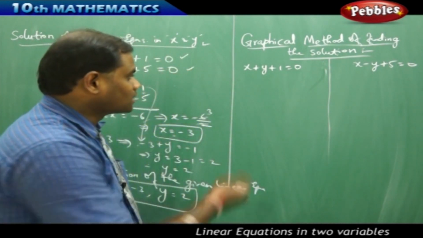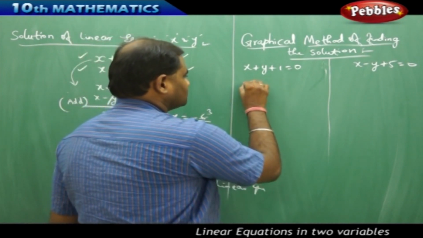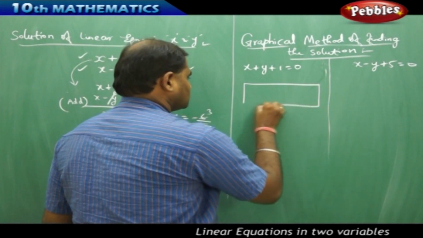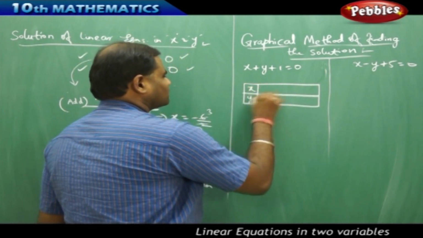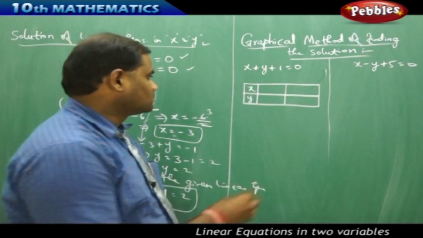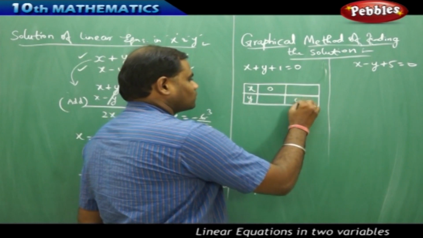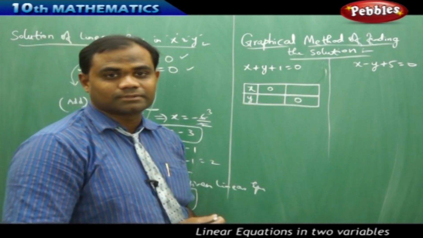So let's start with drawing the line for this, where I take the table of x and y, and then I find the values by setting x equal to 0 and y equal to 0, to find the coordinates of x and y respectively.